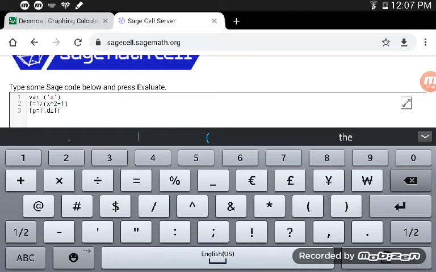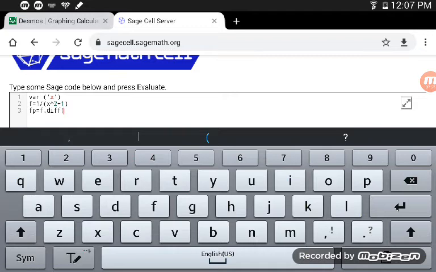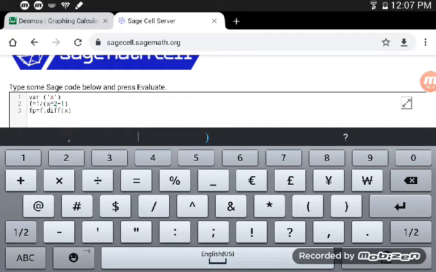Diff with respect to what? Well, x, and then close parentheses.